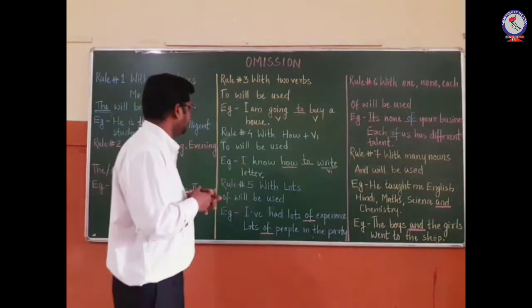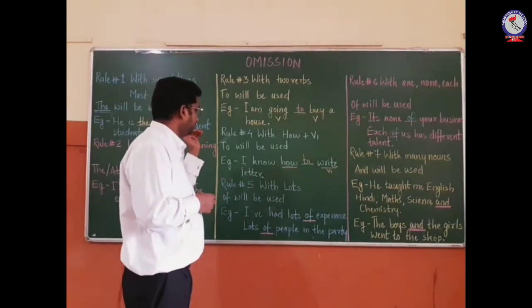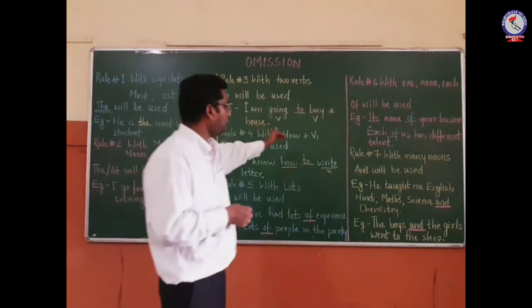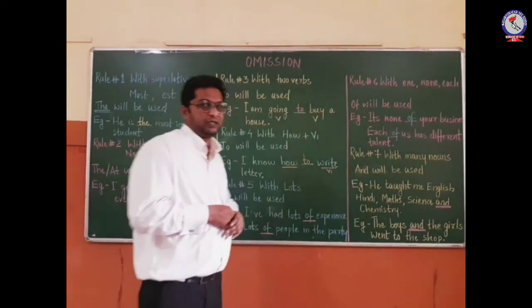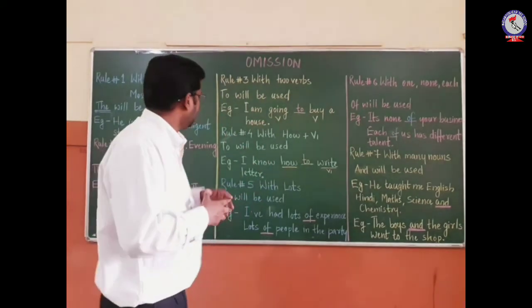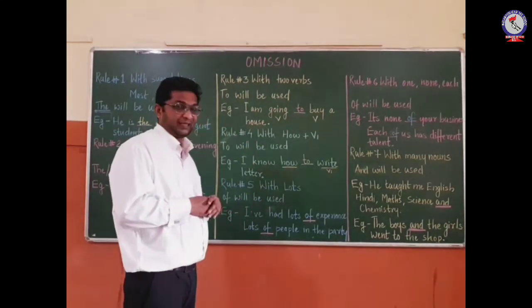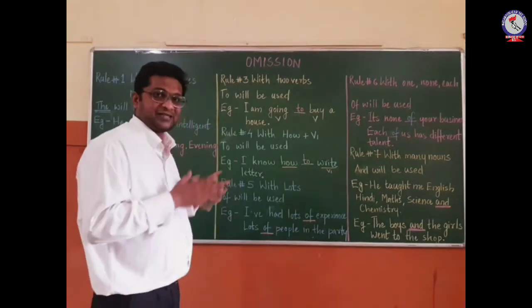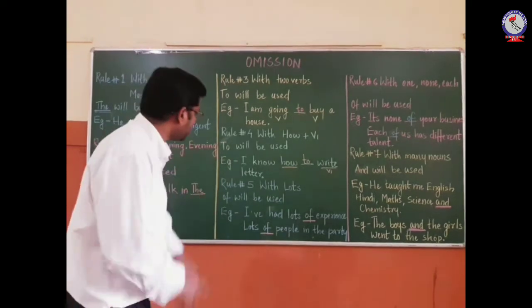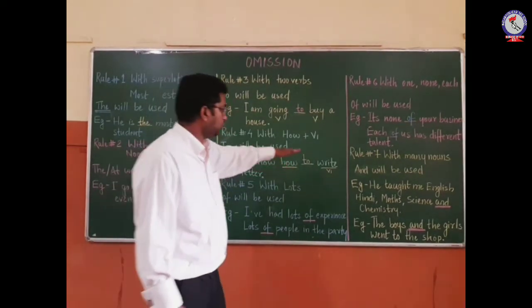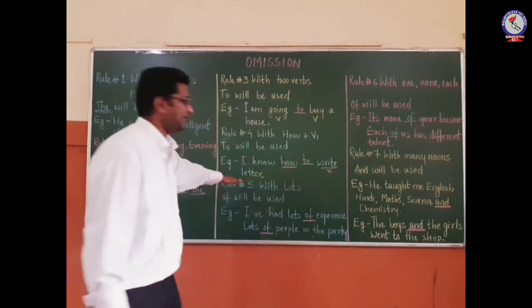Now move on to rule number 4. With how plus V1, that means with how plus first form of verb, to will be used. Again, to will be used. See one example for better comprehension. I know how to write letter.